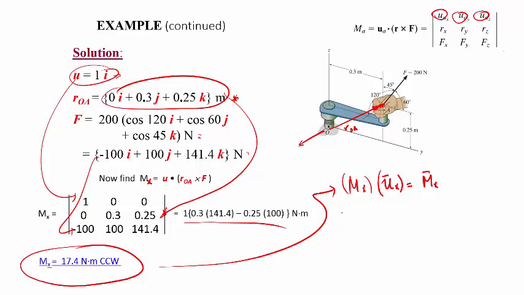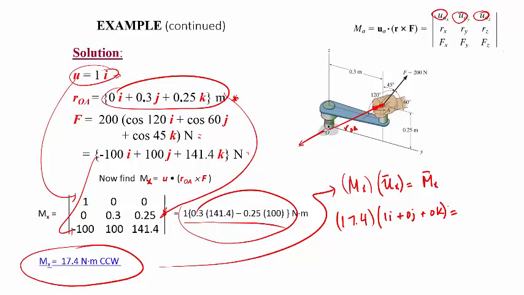So in this case I have 17, and you need to be careful because whatever sign you get here will also define your vector. So 17.4 is the magnitude, but then I want it in this direction, 1I plus 0J plus 0K.